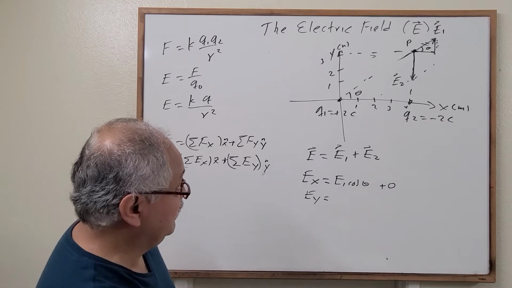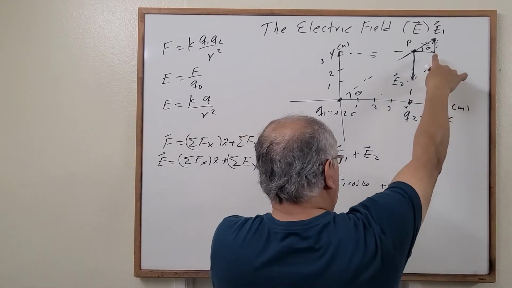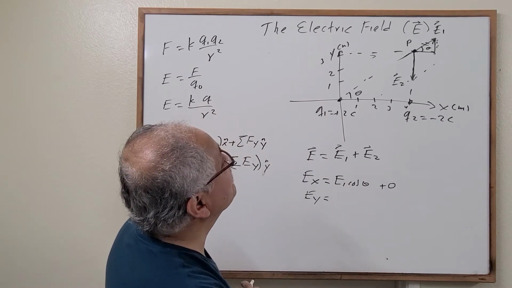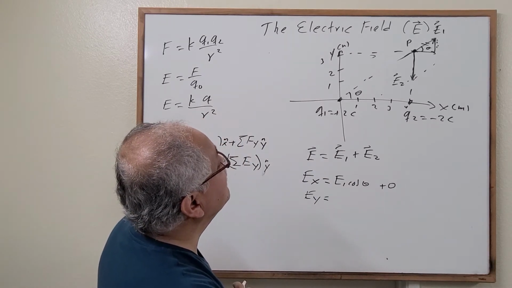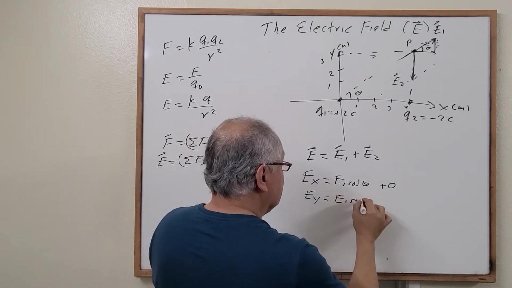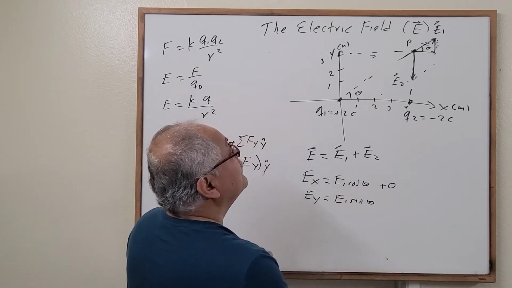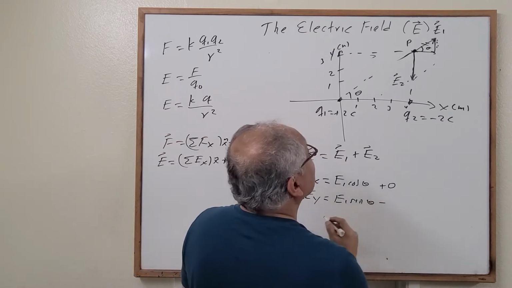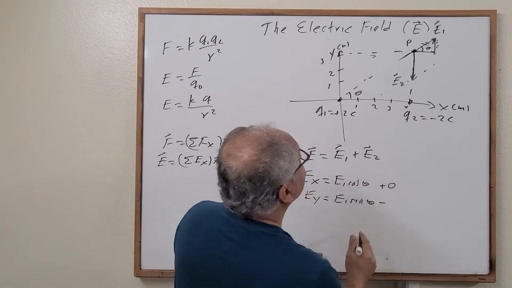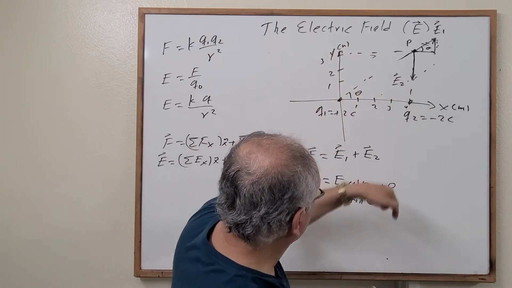In the y direction, well, we have that charge 1 has a component in the y direction, correct? So we have E1 sine theta, correct, minus what? Minus this one, which goes down.